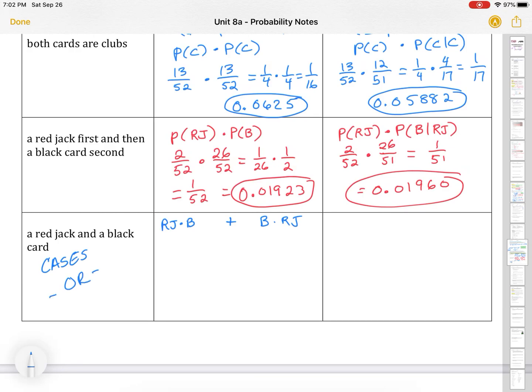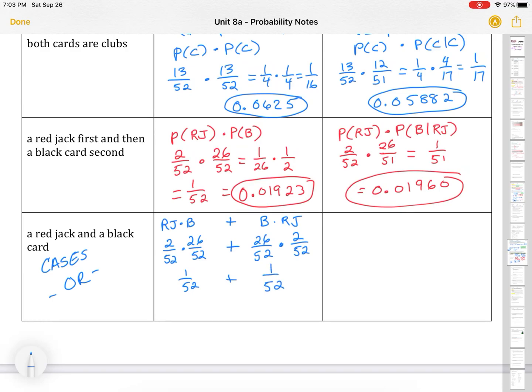So first, we could have the case where we go red jack and then black, or we have black and then red jack. It's an or situation. So we'll see what the impact is. Red jack and then black, we would have 2 out of 52 for the red jack times 26 out of 52 for the black card. Or we could have the opposite happen and it would still be a legitimate situation.